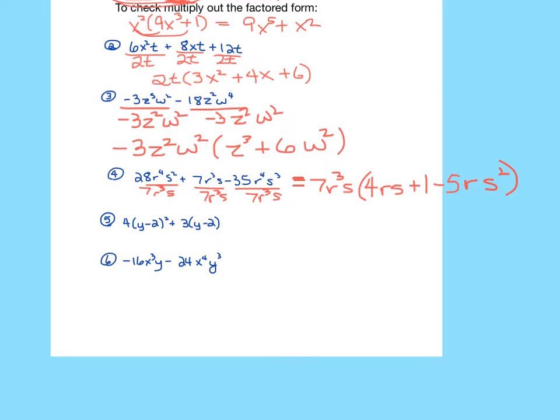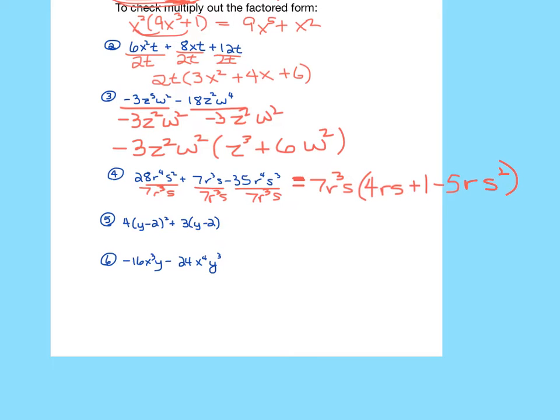Okay, for this one, it's a little tricky, and you might look at it and think, wait a minute, I've got to distribute. But what it's asking you to do is factor this. What's going to be my greatest common factor here? y minus 2. Beautiful. It can actually be a binomial.